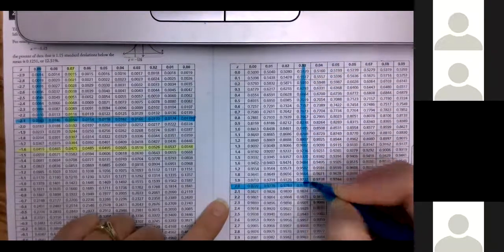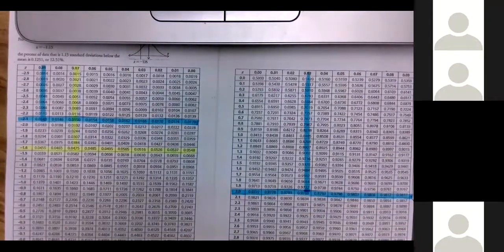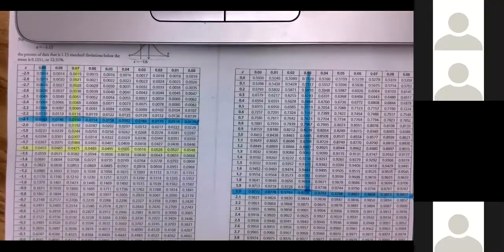I ended up getting 97.88% when I converted. Okay, 0.9788 times 100, 97.88, which is right. There we go. Yay.